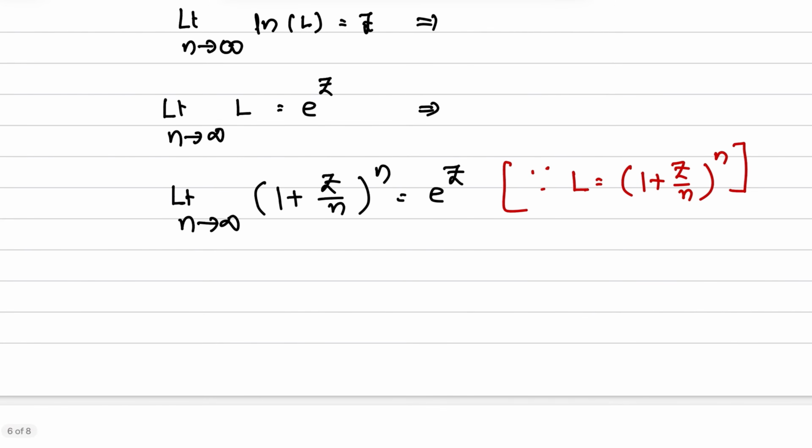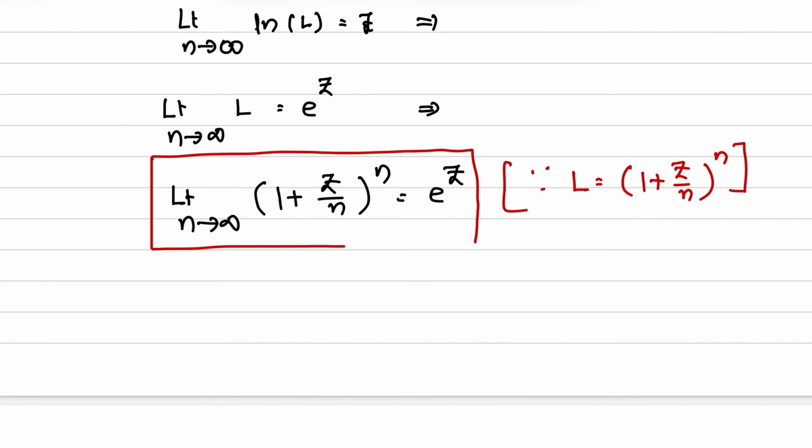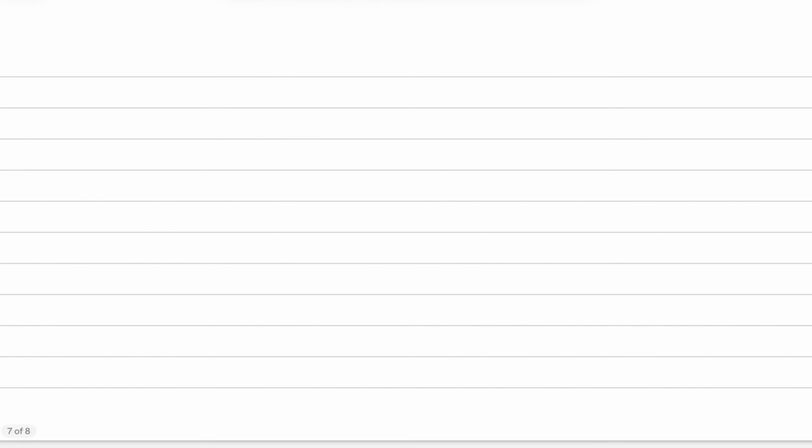Hence, limit n tends to infinity, (1 plus z by n) to the power of n is equal to e to the power of z, proved. If z is equal to 1, it implies limit n tends to infinity, (1 plus 1 by n) to the power of n is equal to e.